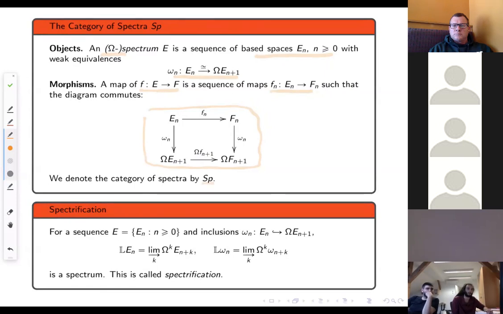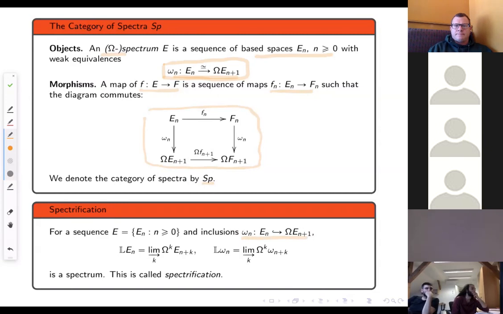So now, often when you're looking at cohomology theories or you're building these things, you'll come up with a sequence of spaces and you'll have these structure maps, but they won't necessarily be weak equivalences. It turns out you can always change things so that they end up being weak equivalences. In the case where the structure maps you have were actually inclusions, this is easy to describe.